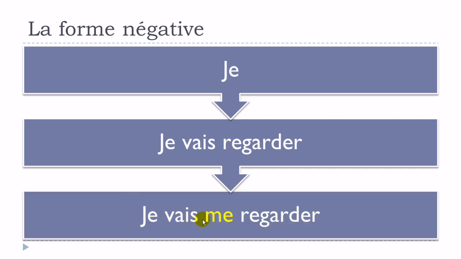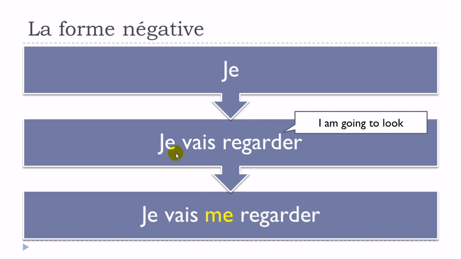Je vais, and then se will have to be modified according to, well, here the subject. So here the subject is at the first person, so je, and then you will have to put me for the first person, regarder. Je vais me regarder. Okay? So here, je vais regarder, I am going to look.